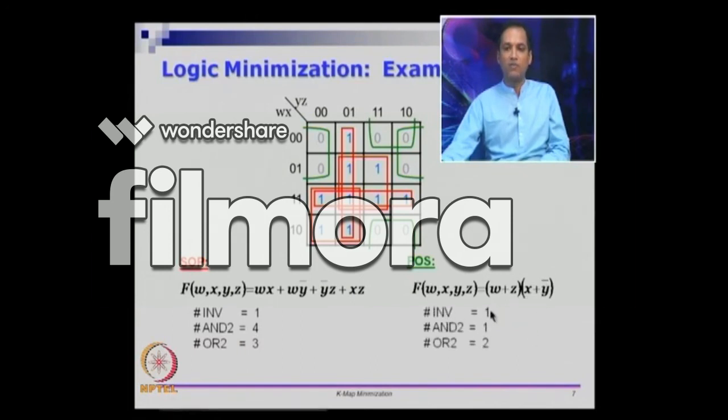So 1 inverter for y bar, 1 AND gate for the product and 2 OR gates for the individual terms. So in this example it turns out that the POS is smaller. Upfront you may not be able to say whether SOP is better or POS is better. In this example POS is better, in the previous example SOP form was better.